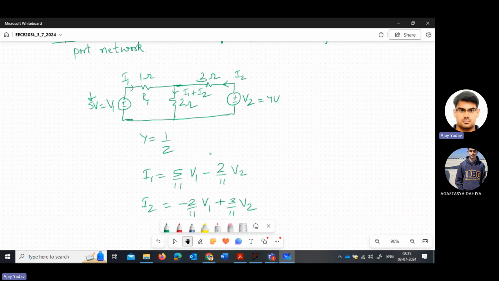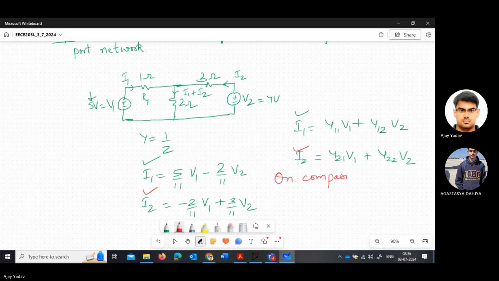So in Y parameters, if you remember, your I1 was Y11 V1 plus Y12 V2. In the same manner, I2 was, we were expressing the current in terms of input and output voltages. So here it is Y21 V1 plus Y22 V2. And when you equate these two equations, you equate this with this and this with this. So on comparing, you can say that your Y11 is 5 by 11.